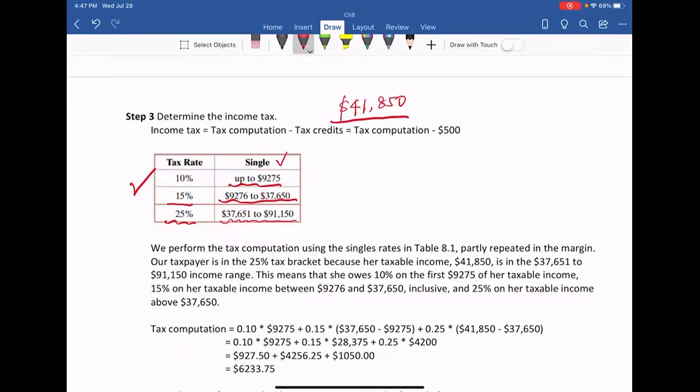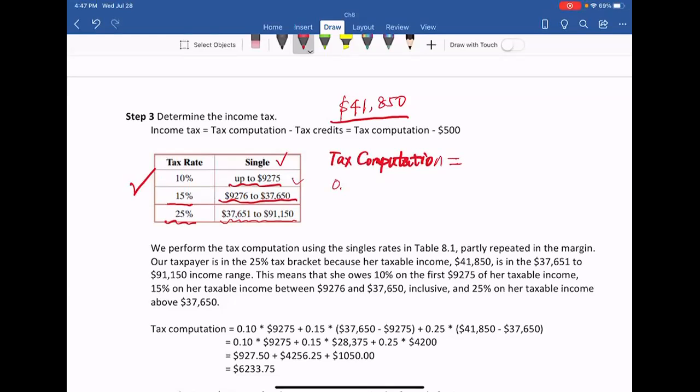So let's see how to find the tax computation. The tax computation equals the first amount of money at 10%.